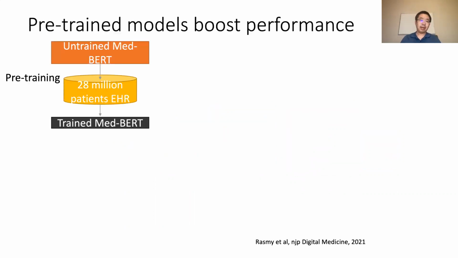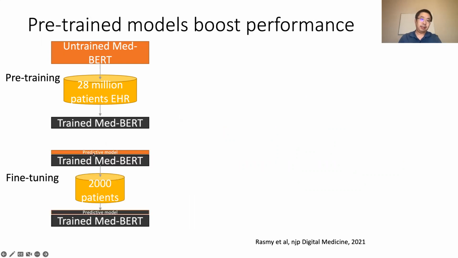We show that when we pre-train this model, we use some 28 million patients' data. After training this model, we can augment any small, anybody who has a small local data.